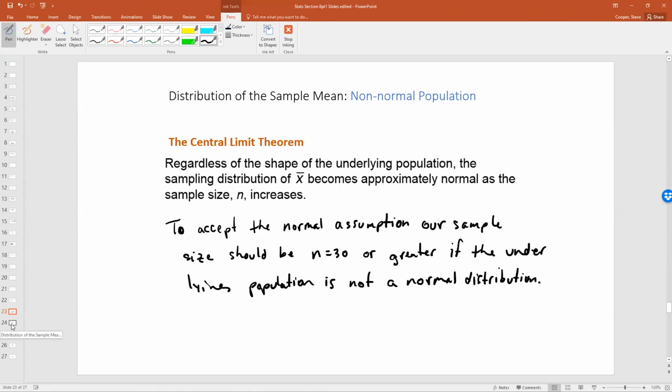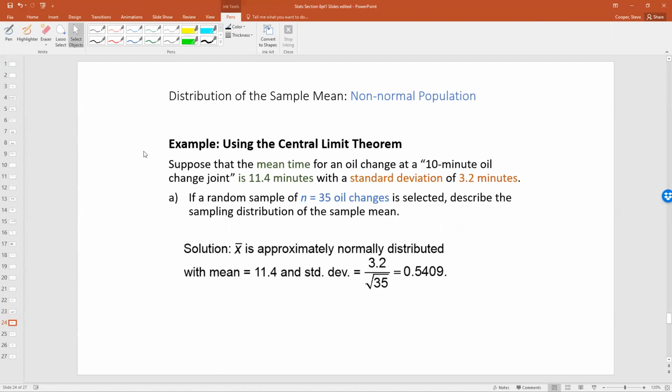Okay, so we've got enough background here now to actually make this effective in terms of just a generic few problems here. So let's look at the mean time for an oil change.